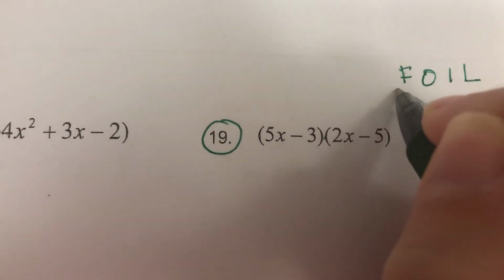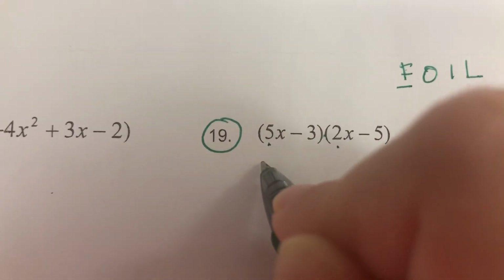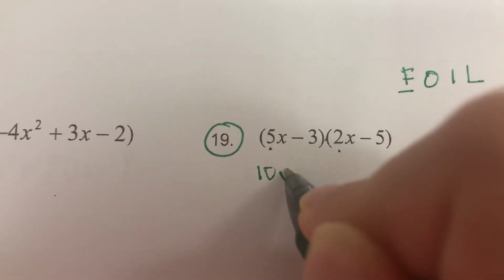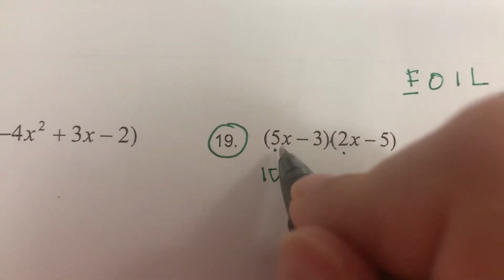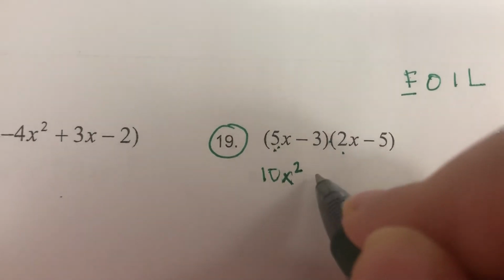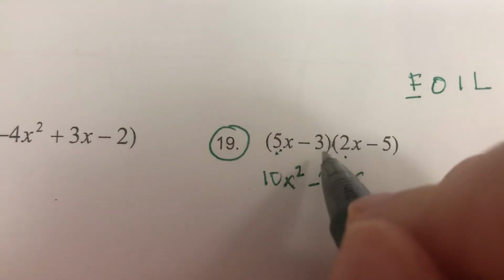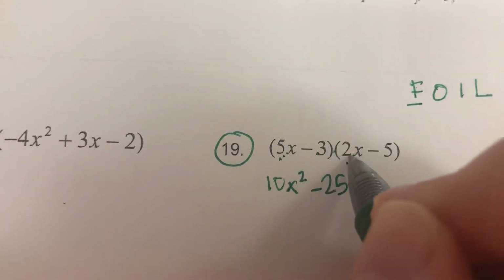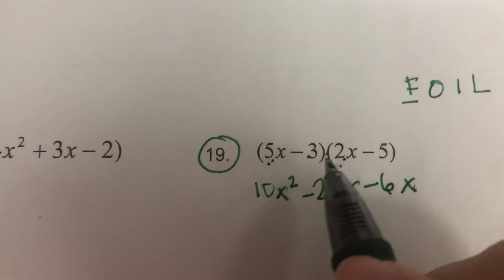You multiply the first terms, so 5x times 2x, so 5 times 2 is 10, x times x is x squared. Then the outer terms, so 5x and a negative 5 is a negative 25x. Your inner terms, negative 3 and 2x, which is negative 6x. Remember, you're multiplying.